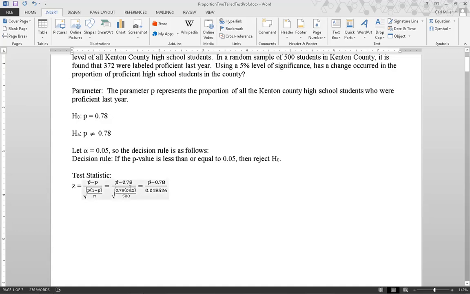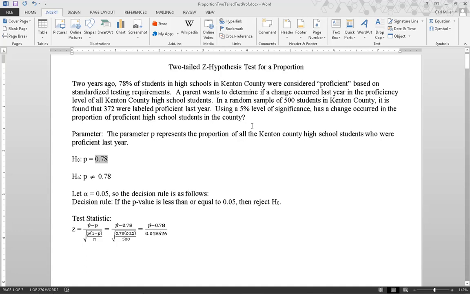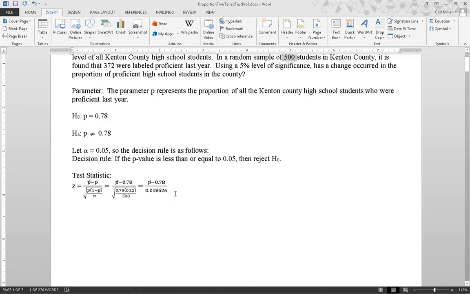That equals p hat minus 0.78 divided by the square root of 0.78 times 1 minus 0.78, which is 0.22, divided by the sample size, which was 500. So multiplying all that out, taking the square root, I would get p hat minus 0.78 in the numerator, and the denominator is 0.018526.